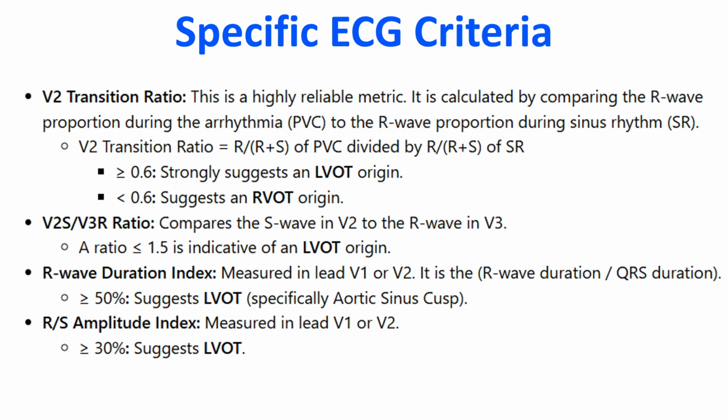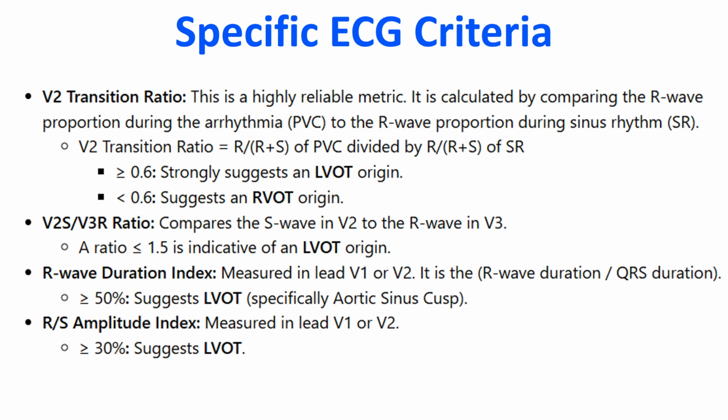V2 transition ratio is equal to R divided by R plus S of the PVC, and the whole divided by the similar metric of sinus rhythm, that is R divided by R plus S of the sinus rhythm complex.